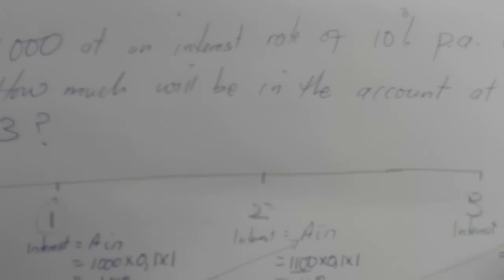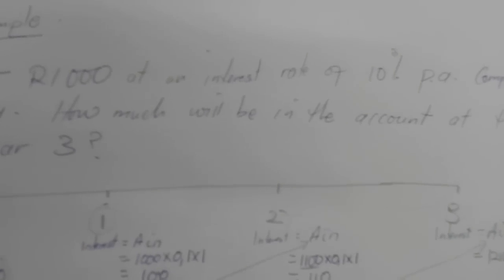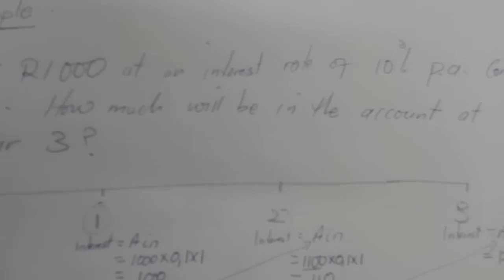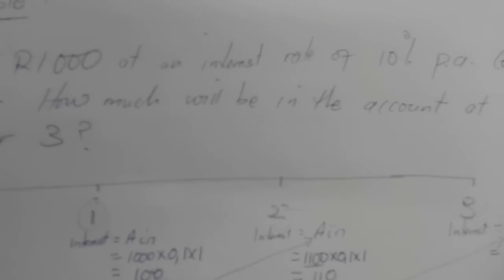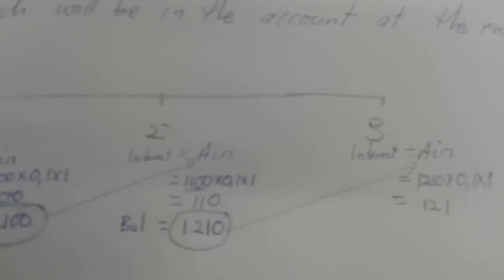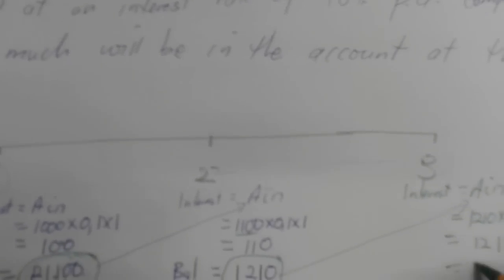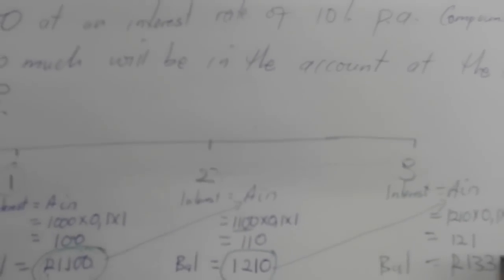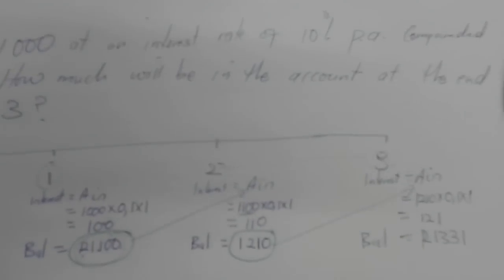So that is equal to 1,210 multiplied by 0.1 multiplied by 1, because it's for 1 year, and your answer is 121. So if I add that, my balance is now 1,331. There you go.